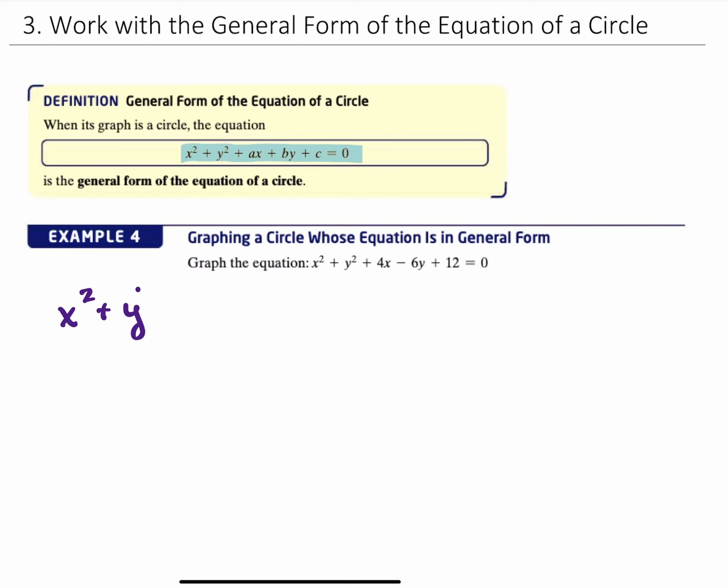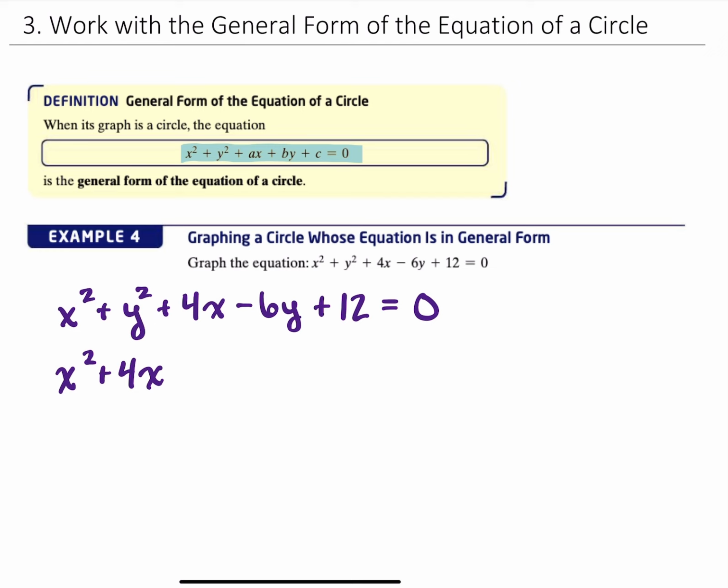So we have x squared plus y squared plus 4x minus 6y plus 12 equals 0. So the first thing I'm going to do is just group my x's and my y's together. That just helps me visually. I'm going to have x squared plus 4x.